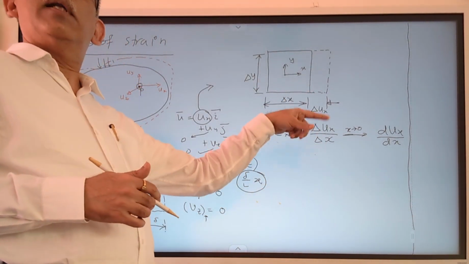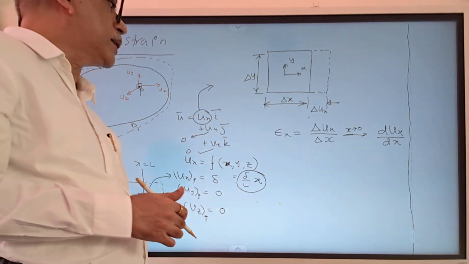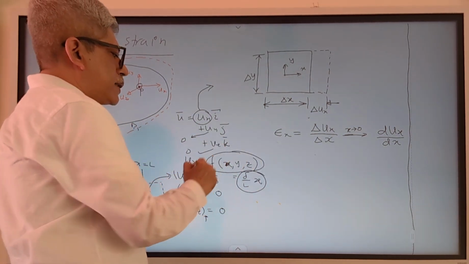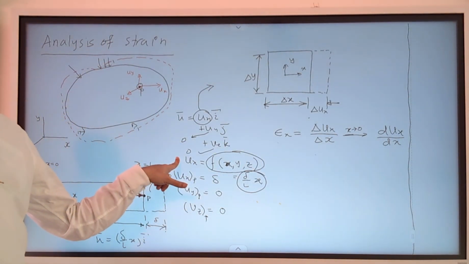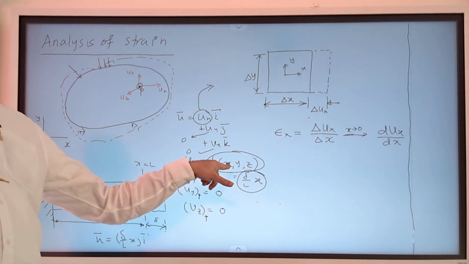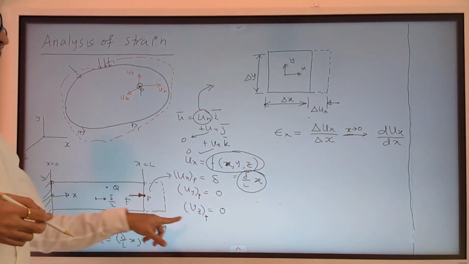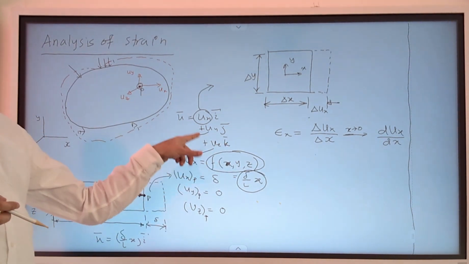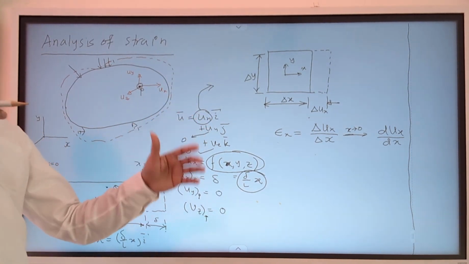Similarly, you can have it in the x direction, in the y direction. In general, the displacement field ux, uy and uz are not pure functions of x, like in this case. They can be functions of x, y, z. Depending on which point you are considering, the displacement would be different.